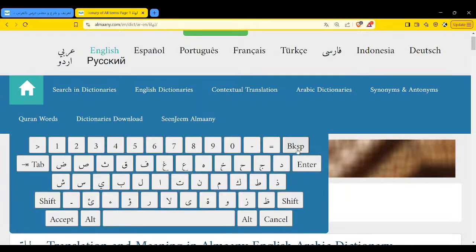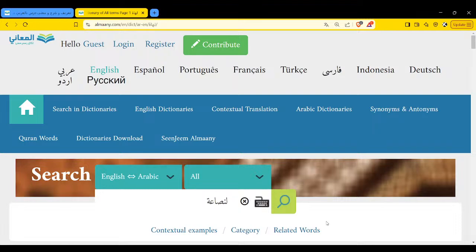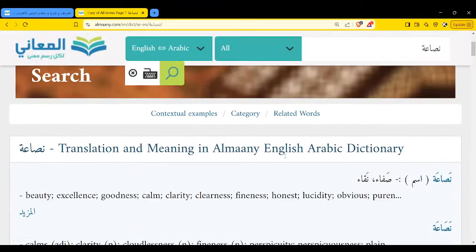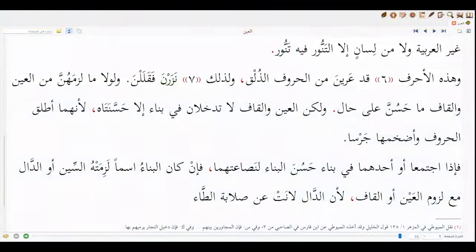Nasa'a: beauty, excellence, goodness. Safa, in its purity, pureness. Naqa. Okay. So, حسن البناء لنصاعتهما. The form will be beautified because of the qaf and the ʿayn, due to the purity of their sounds.